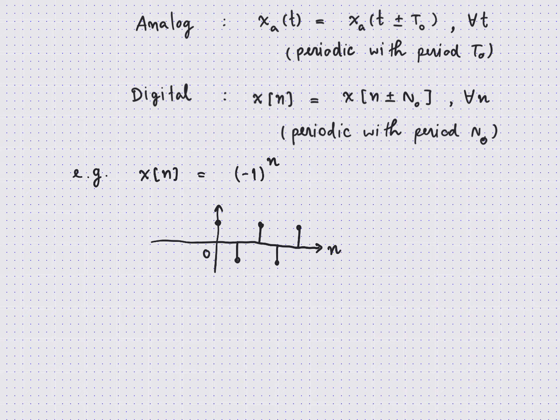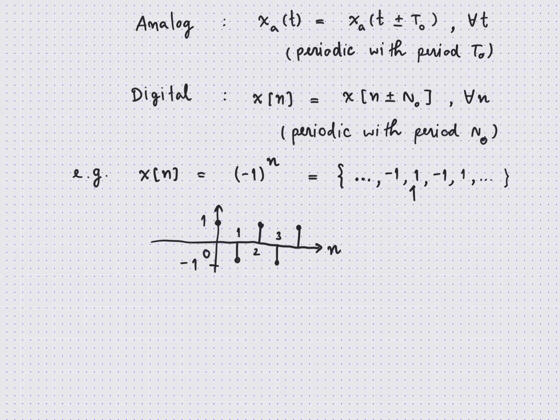In this case you see that the signal itself is periodic: 1, minus 1, 1, minus 1, 1, and so on.